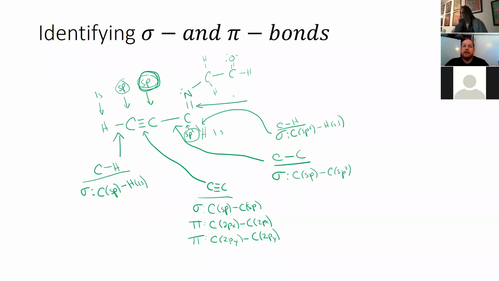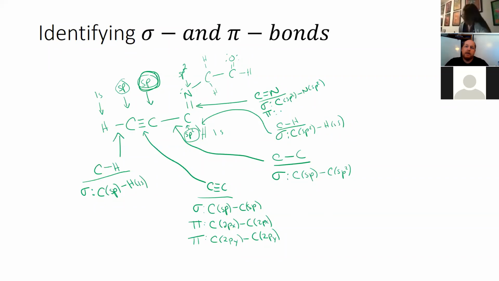Okay, so here, this nitrogen has a steric number of 3 also, so it's an sp2 nitrogen, right? And so this C double bond N, it's a double bond, so we know it's a sigma and a pi. The sigma bond is coming from the carbon sp2 orbital to the nitrogen sp2 orbital.